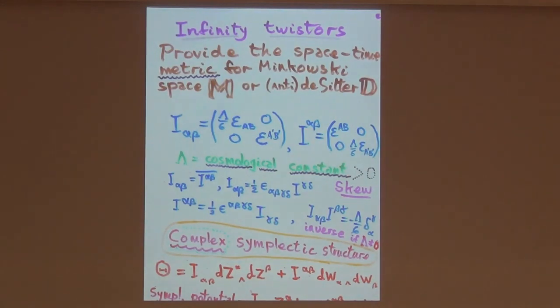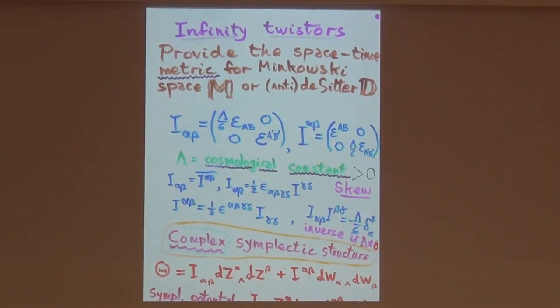Now, the infinity twistor is this thing I, which represents the point at infinity, which gives you the space-time, the Minkowski space rather than the conformal space. And now I've put in, which is not the usual infinity twistor that twistor theorists have been brought up with, the one where I have a cosmological constant in it.